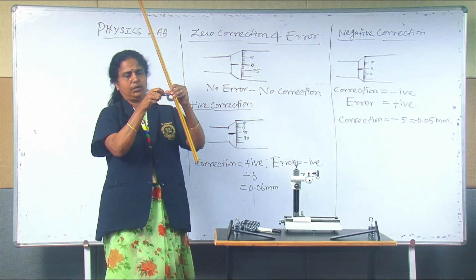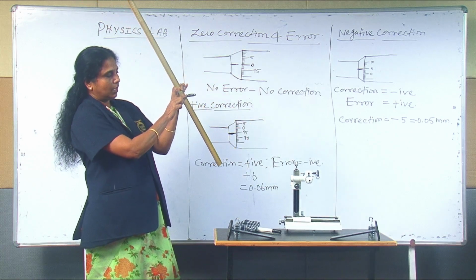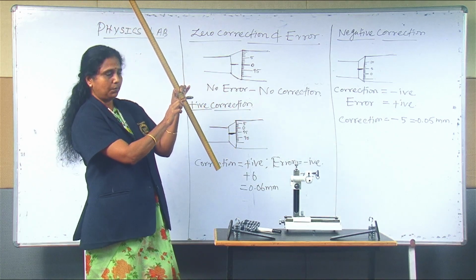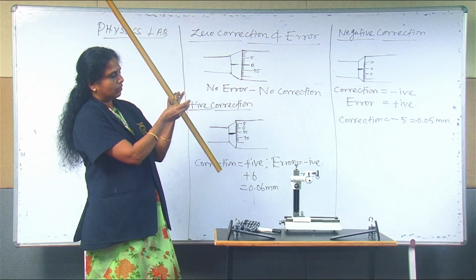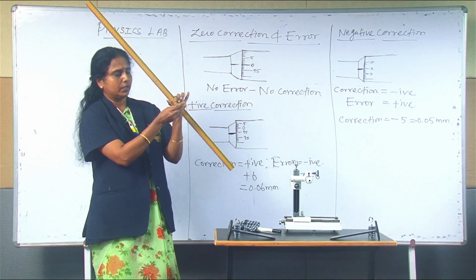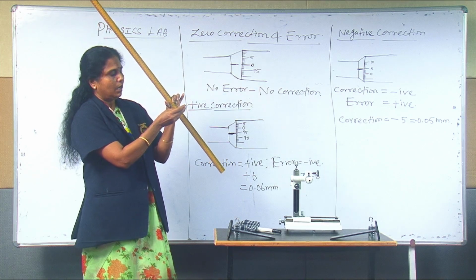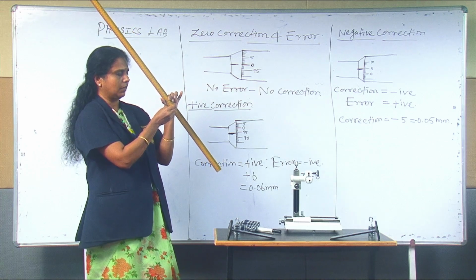Any given object should be fixed like this. Note down the number of divisions in the pitch scale, that is the pitch scale reading, and note down which line of the head scale got exact coincidence with the horizontal line. It may be some 60 or 50 or 93 or 78, something like that.